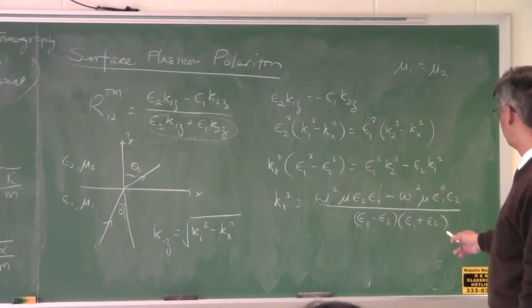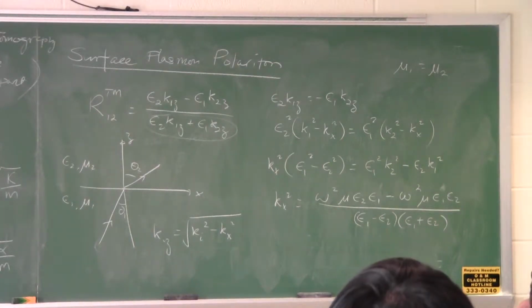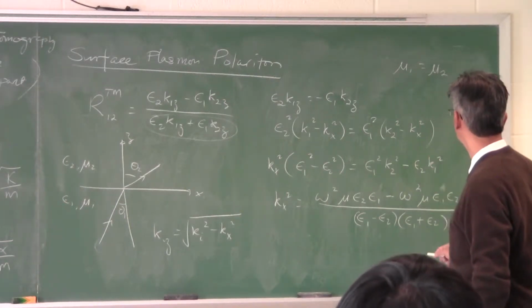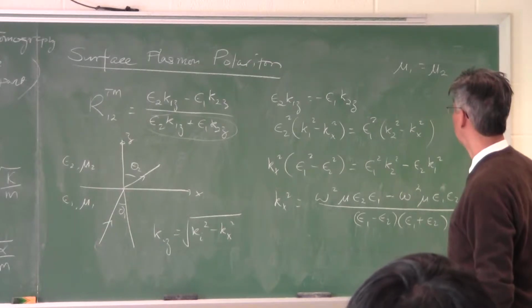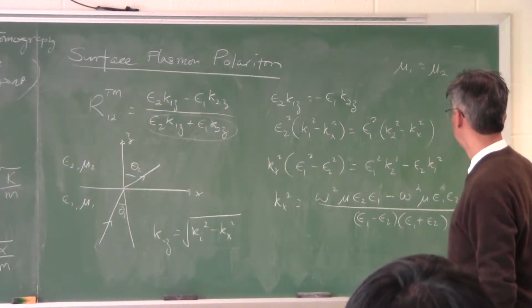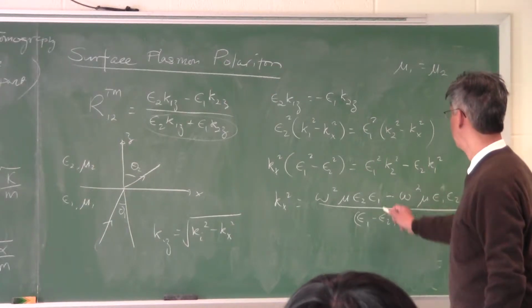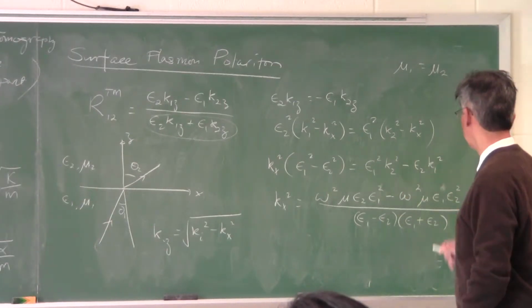And then I can take out something common. Did I do this right? So there's a square here, right? Epsilon 1 squared minus epsilon 2 squared. There's a square there, sorry.